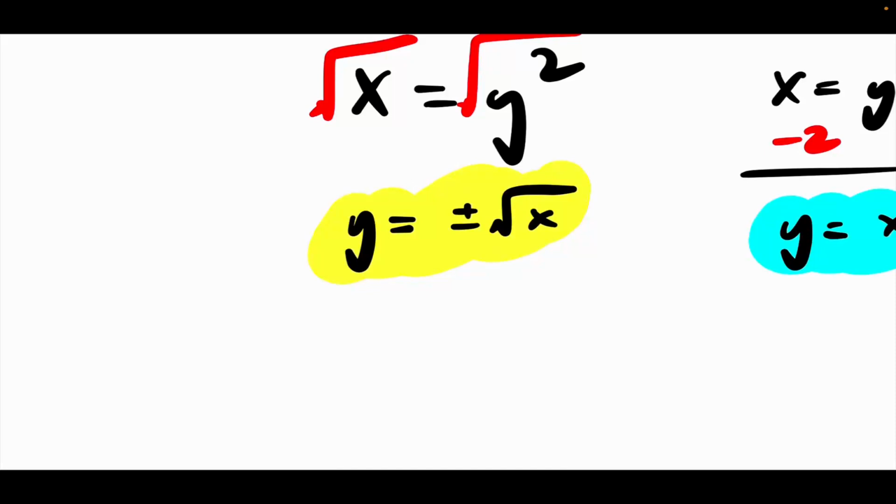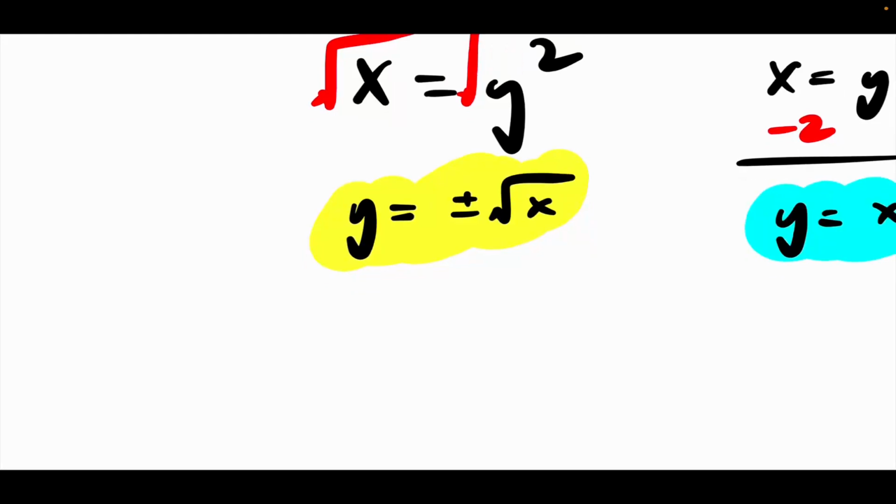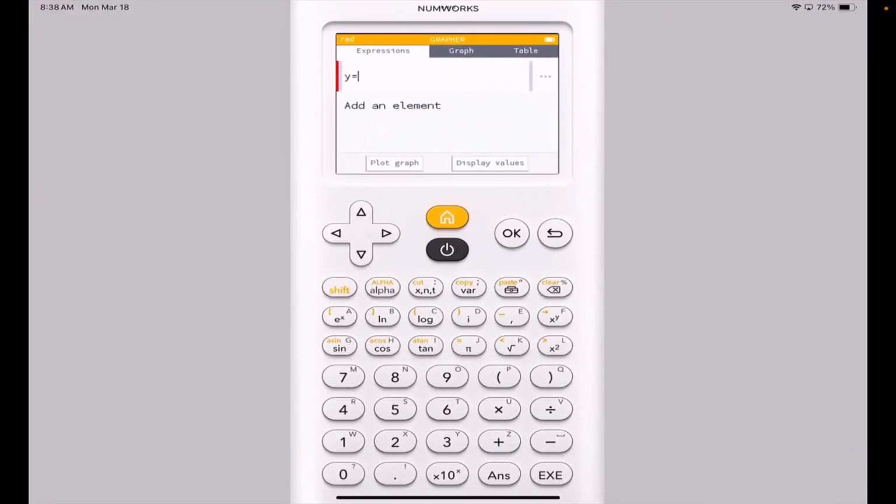So we have to graph this twice. Once the positive and once the negative, okay? So once positive square root x, once negative square root x. Okay. So the red and the blue are technically one graph.